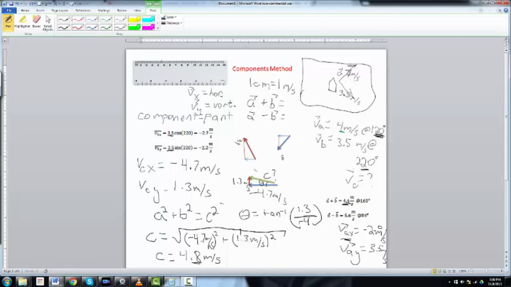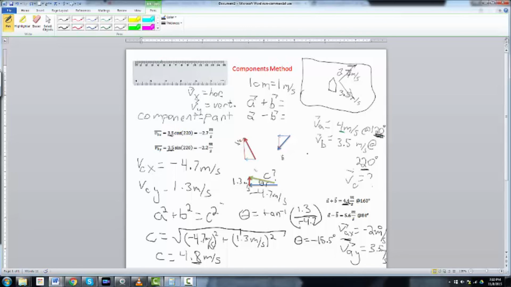So if I do the inverse tangent of 1.3 divided by negative 4.7, it gives me a whopping negative 15.5 degrees.